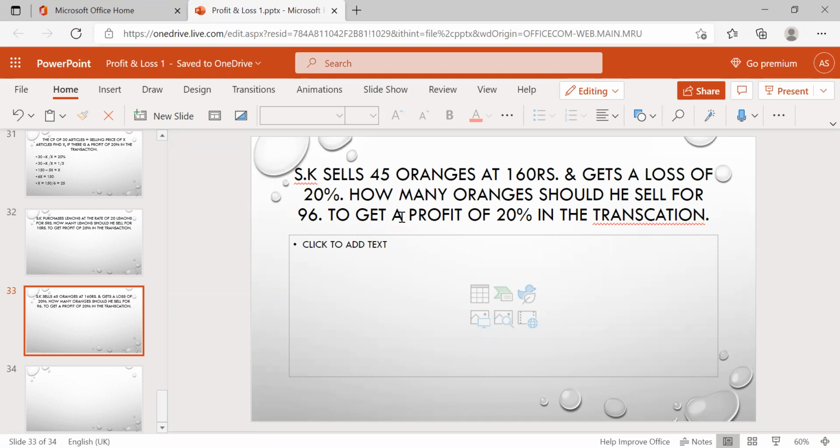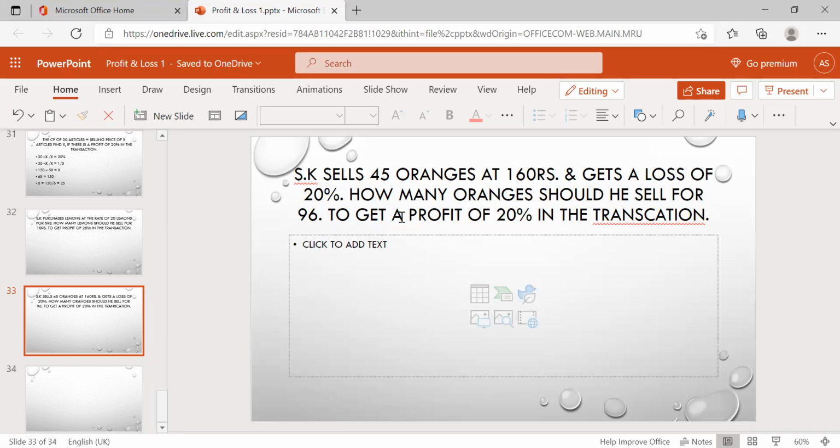How many oranges should he sell for 96 rupees to get a profit of 20% in the transaction? See, read the question carefully. What they're saying actually, see, once again, just read the question.